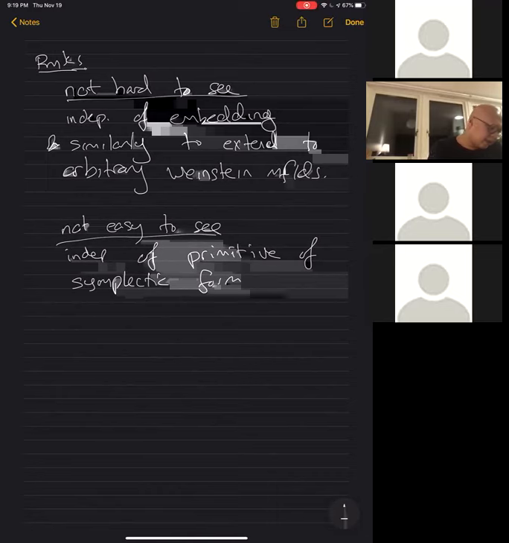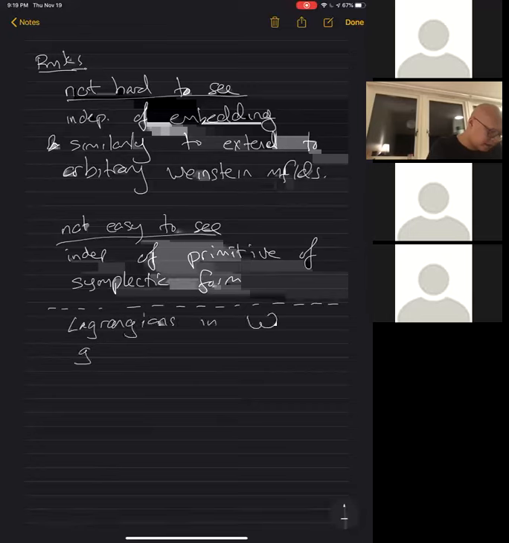And another thing which is not easy to see is that Lagrangians in W give objects of this mu sheaves.